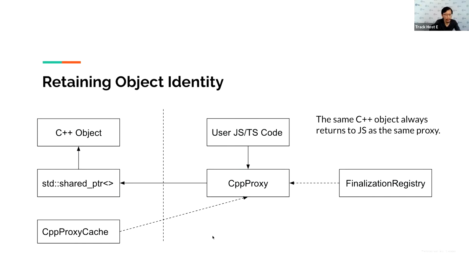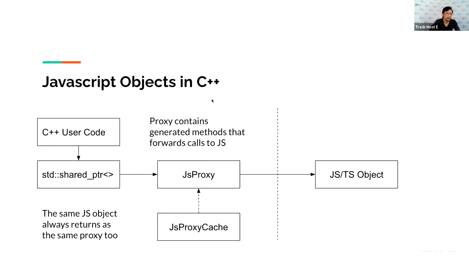If it's already there, then we pass back the same proxy object so that it will compare the same in JavaScript. For JavaScript objects in C++, we have a proxy cache to manage the object identity problem. Otherwise, we have this JavaScript proxy that works as a medium, so the C++ user code can hold this JavaScript proxy via shared pointer and can call the methods of the JavaScript object.